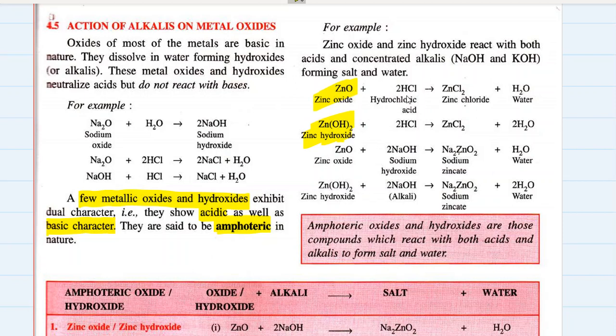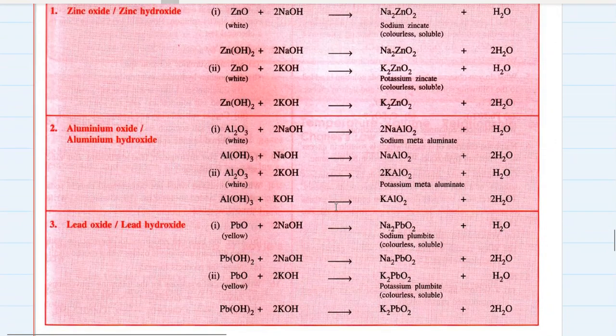When zinc oxide and hydroxide react with acids like hydrochloric acid, they form salt and water only, a neutralization reaction. But when zinc oxide and hydroxide react with sodium hydroxide, which is an alkali, they form sodium zincate, which is a salt, and water, again neutralization. So amphoteric oxides and hydroxides are those compounds which react with both acids and alkalis to form salt and water.